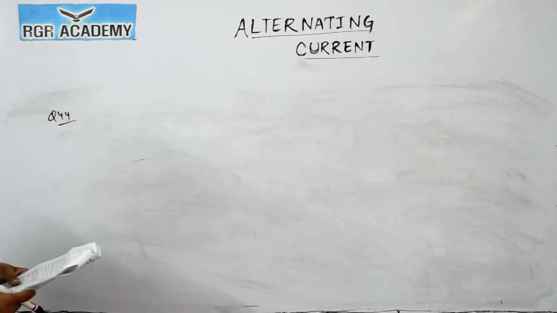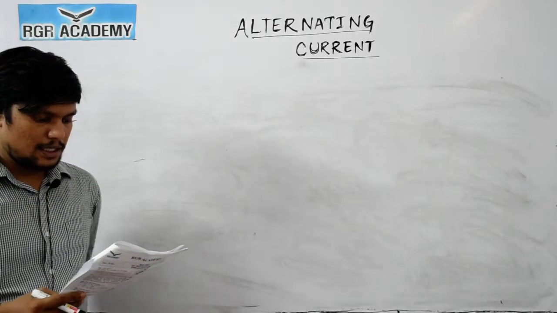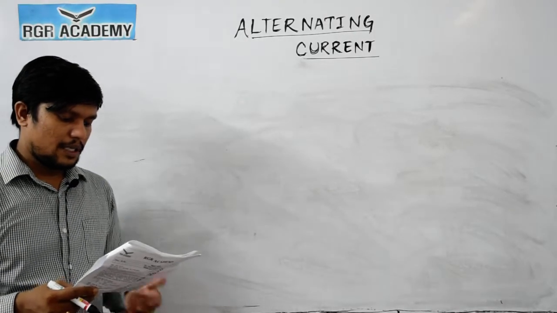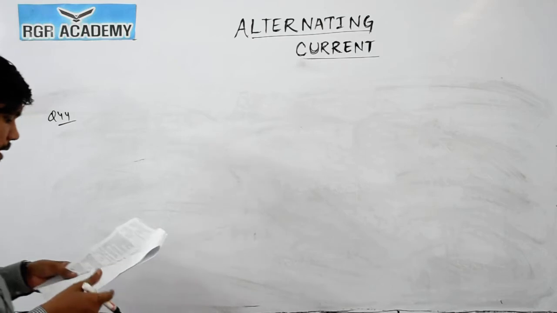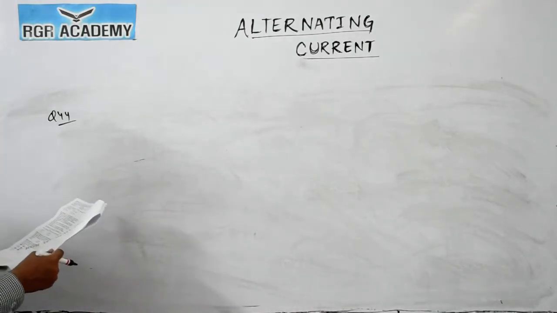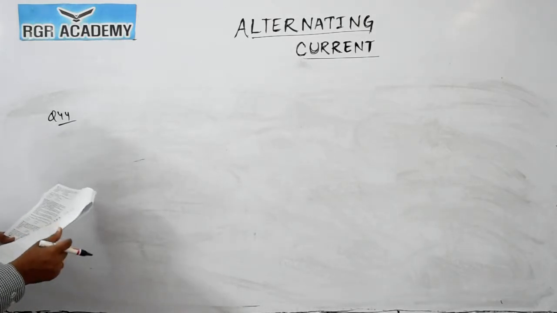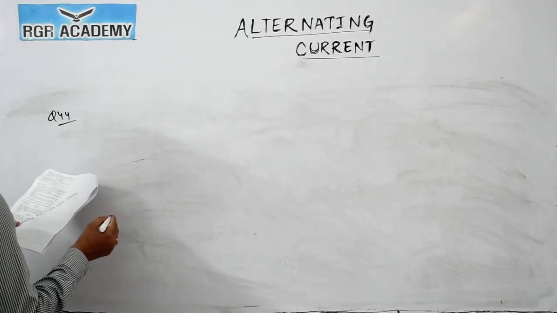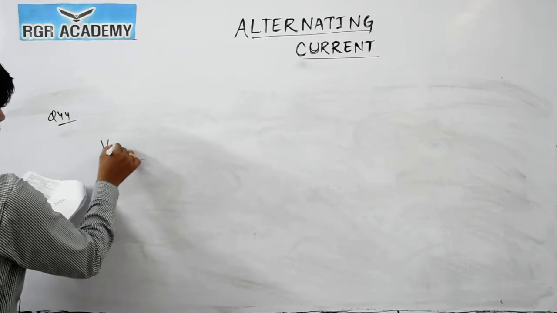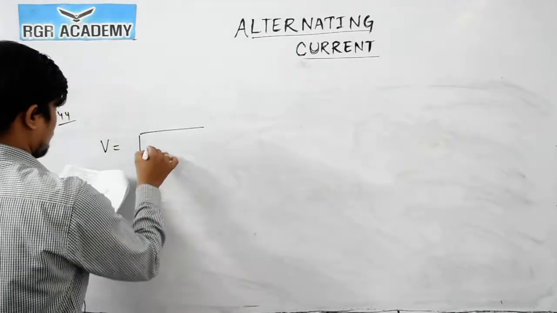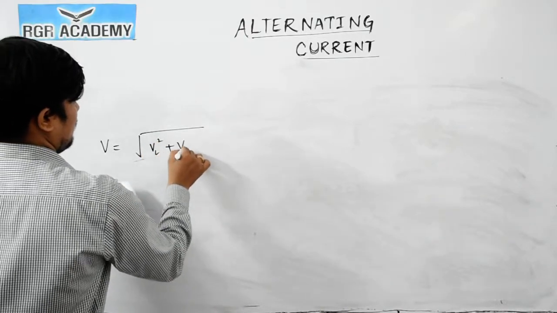In question number 44, an alternating voltage is connected in series with the resistance R and the inductor L. If the potential drop across the resistance is 200 volt and across the inductance is 150 volt, then the applied voltage is, in series with R and L only. So we can say that V will be given by the square root of VL square plus VR square.